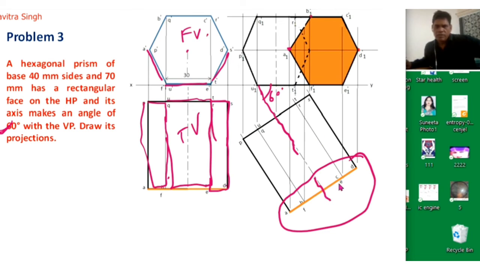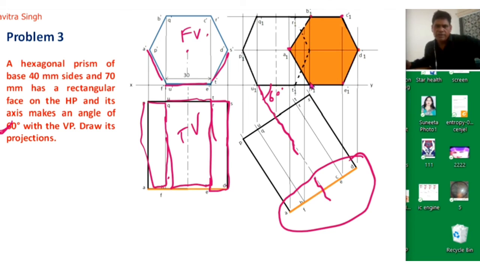Similarly, a vertical line from point C and a horizontal line from point C dash, so we will get this point C1 dash. Similarly, a horizontal line from D dash and a vertical line from D, we will get this D1 dash. A horizontal line from E dash, a vertical line from E, we will get this point.